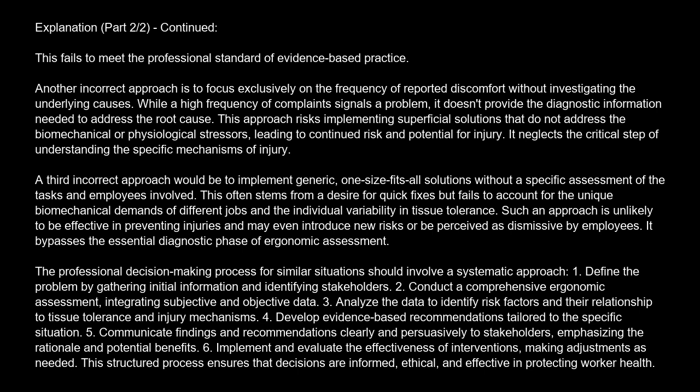Develop evidence-based recommendations tailored to the specific situation. 5. Communicate findings and recommendations clearly and persuasively to stakeholders, emphasizing the rationale and potential benefits. 6. Implement and evaluate the effectiveness of the intervention, making adjustments as needed. This structured process ensures that decisions are informed, ethical, and effective in protecting worker health.